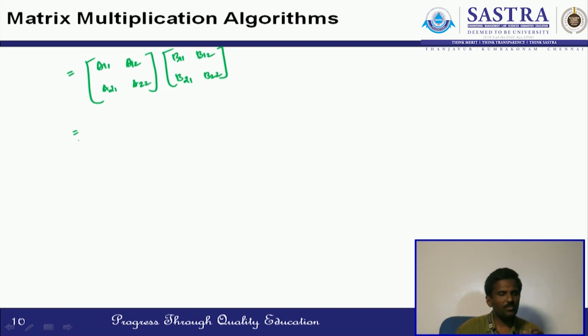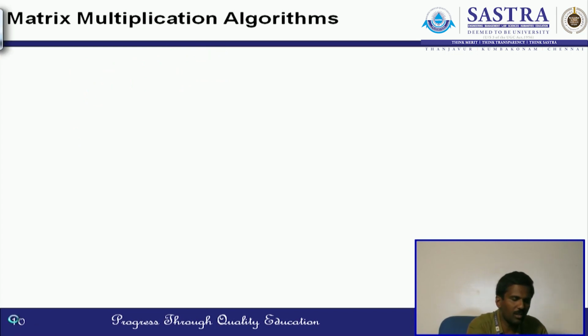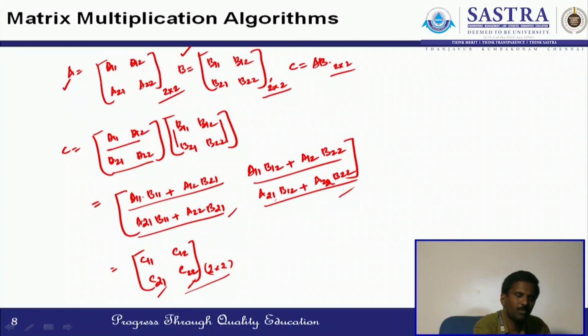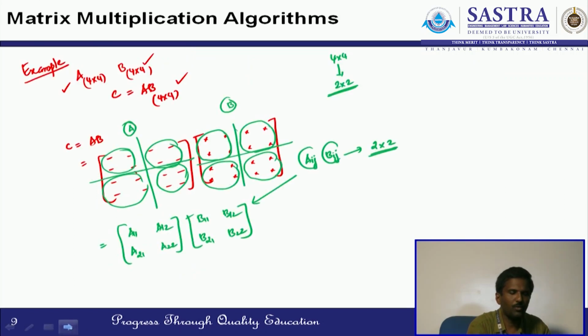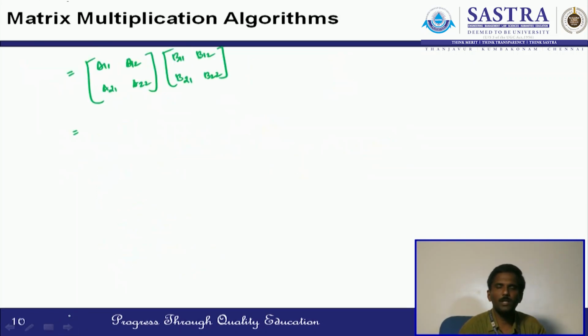Actually, each Aij and Bij in this representation is a 2 by 2 matrix. Now just think of each Aij and Bij as a 1 by 1 matrix. That means each Aij and each Bij takes a single element. Then we can find the product using the conventional matrix multiplication.